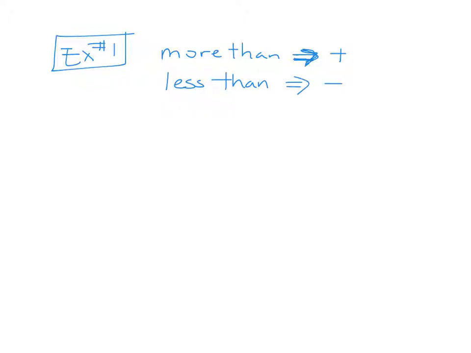How about if I said twice? Something is twice another number. Multiplication. You're multiplying by 2. If I say quotient, what is quotient? Quotient is division.